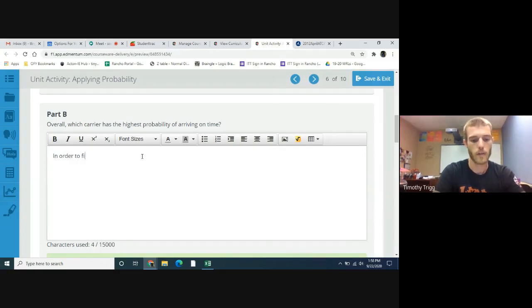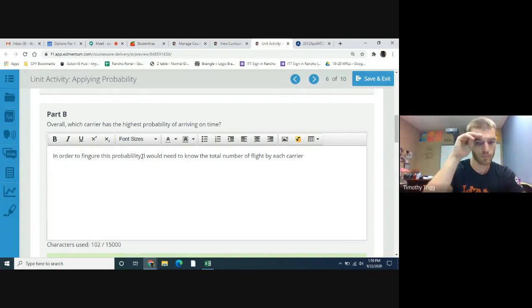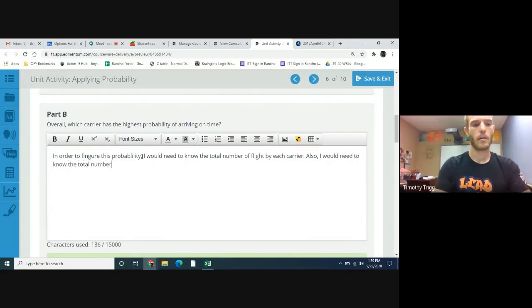In order to figure out this probability, I would need to know the total number of flights by each carrier, and also the total number of flights that arrive on time from each carrier.